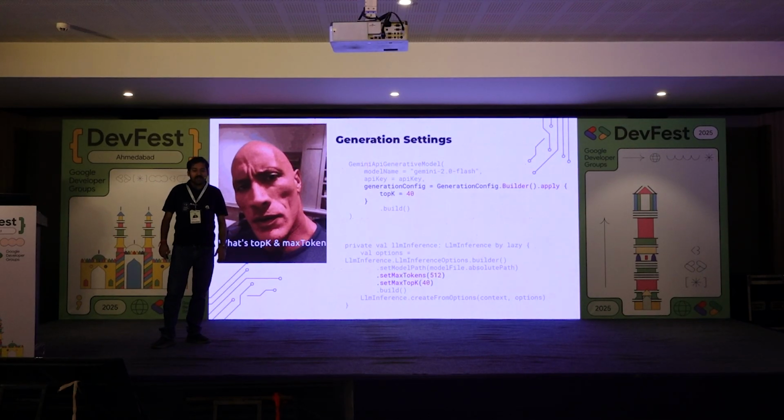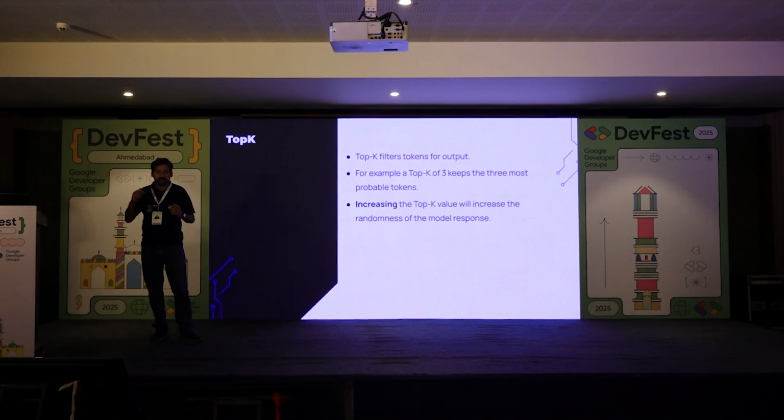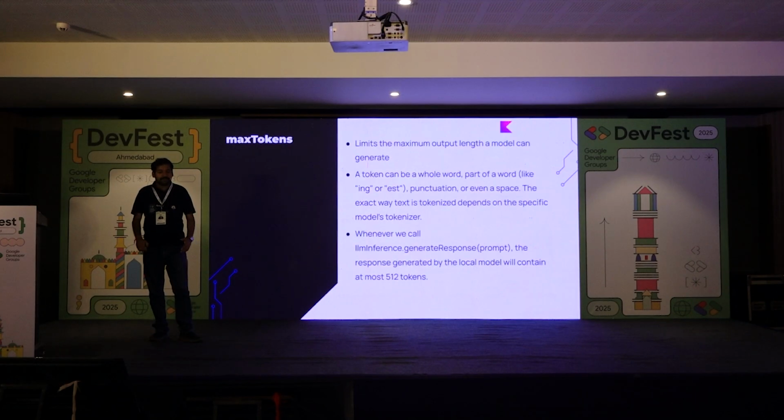Okay. It filters out the tokens for output, so it reduces the randomness. If you reduce the top K value, it reduces the randomness. If you increase it, randomness will increase, right? And max tokens limits the maximum output, so you don't spend your tokens endlessly, right?